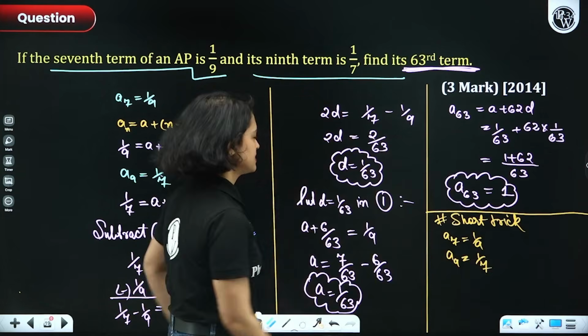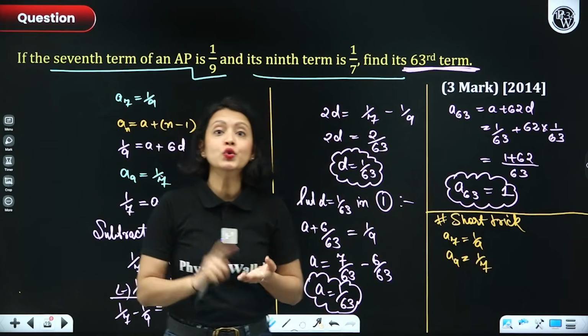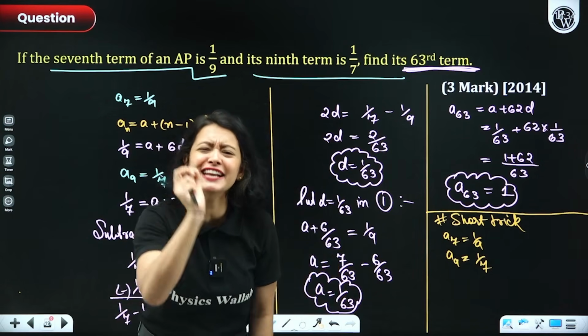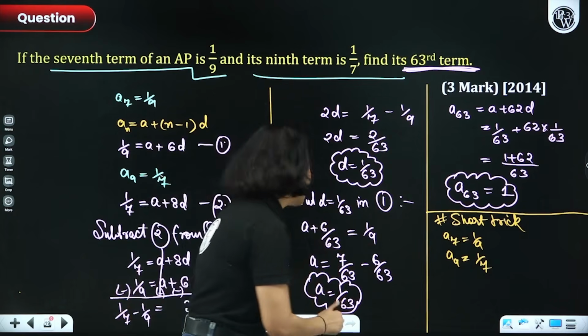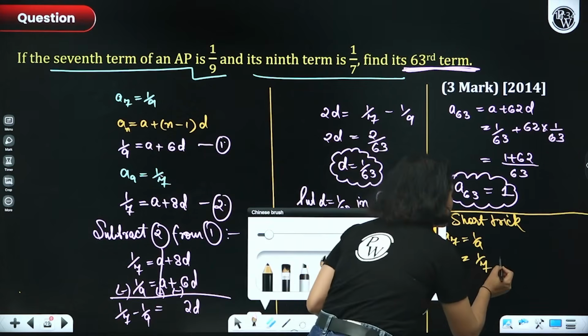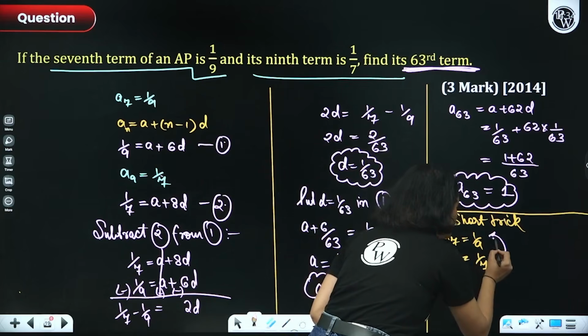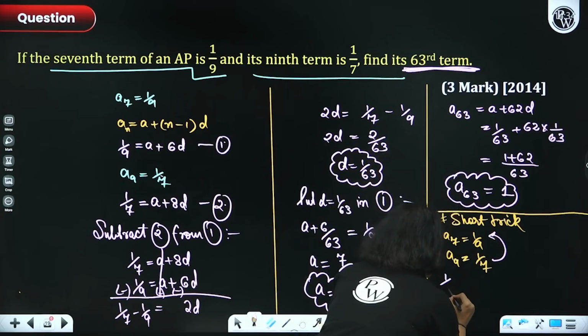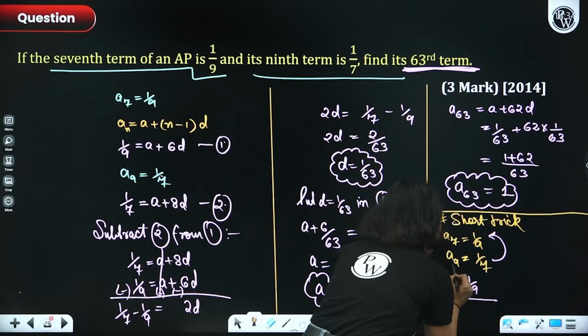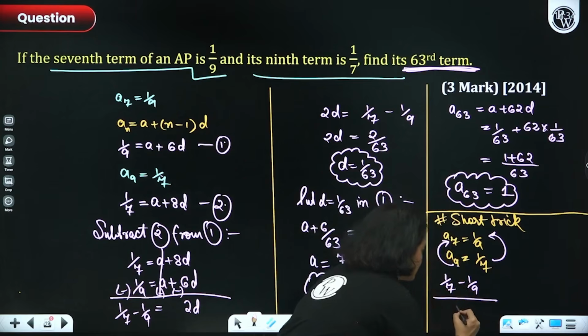Now, whenever two terms are given to you and you need to figure out common difference, there's a very simple method. The method is to subtract these two values. So I will subtract 1 by 7 and 1 by 9 and then divide it by subtracting these two positions, 9 and 7.